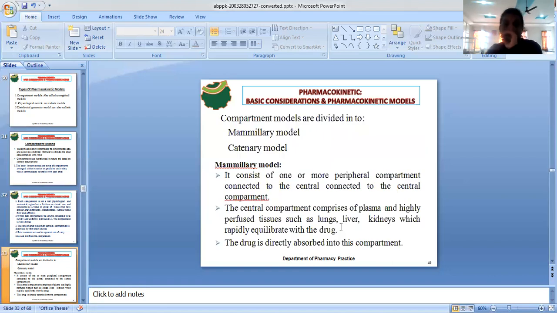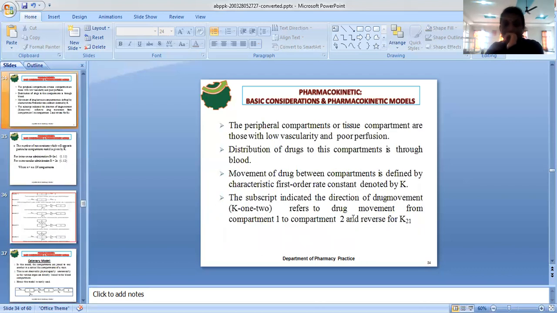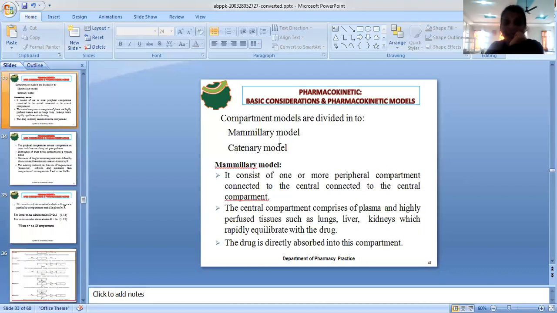And here, what are the different compartment models? Further, they can be divided into two types: the mammillary model and the catenary model. What is the mammillary model and what is the catenary model? The first one is the mammillary model.